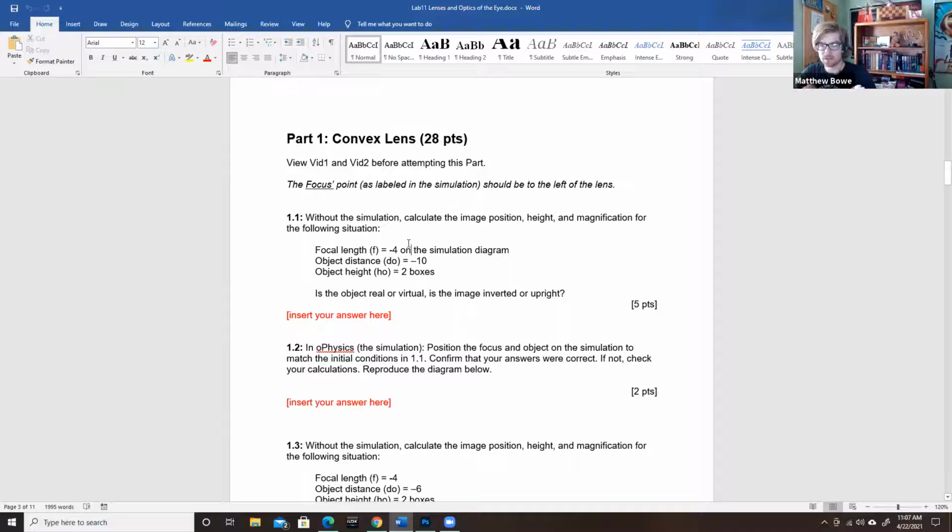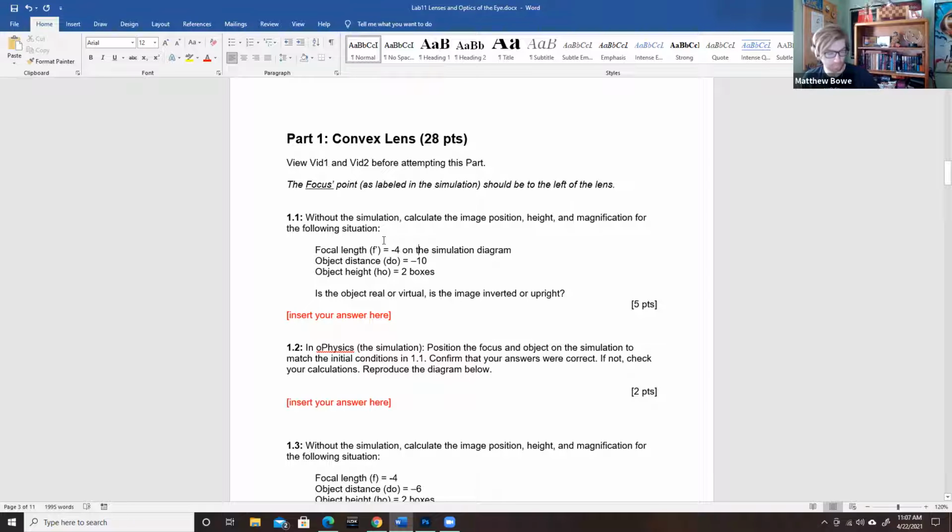Focal length, this F specifically, I guess we could have changed it to be f prime. So let me put a little apostrophe in there. So this is at -4. That's one thing I can say to look out for in the instructions.